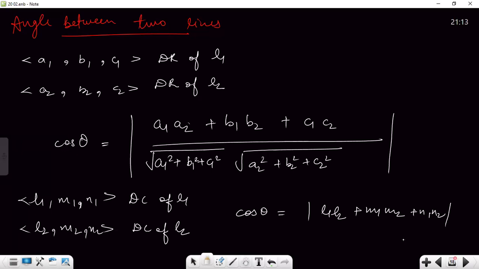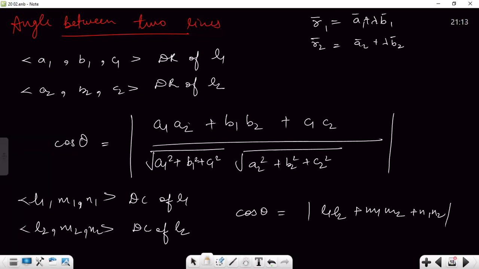Now you might be wondering why. Actually, in the equation of a straight line, A plus lambda B, B is the vector talking about the direction. Let's say this is the equation of straight line 1, and this is the equation of straight line 2.